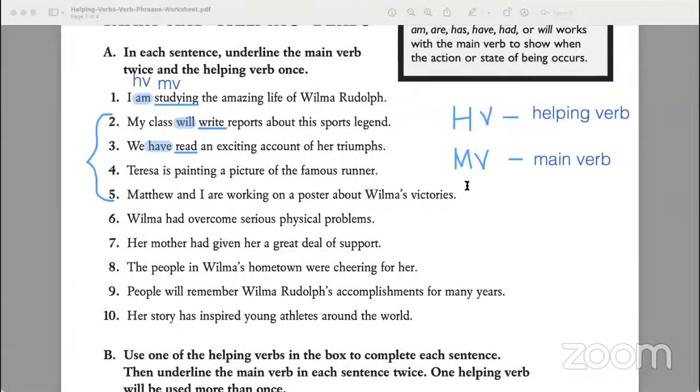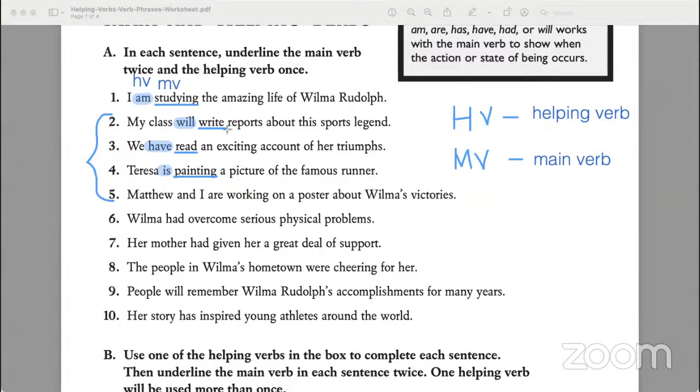Guys, painting is the main verb, okay? Is the helping verb. Good. Well done. And the last one?